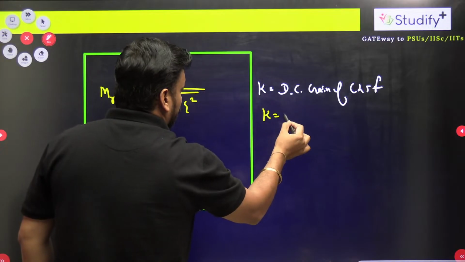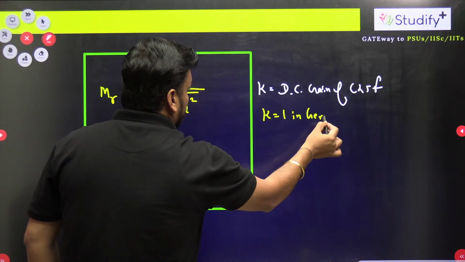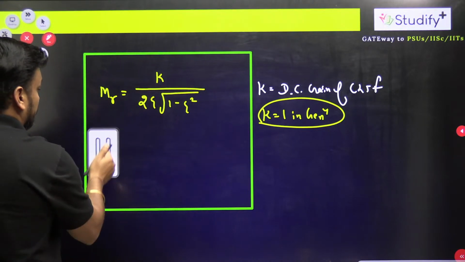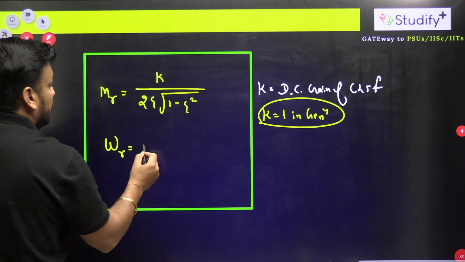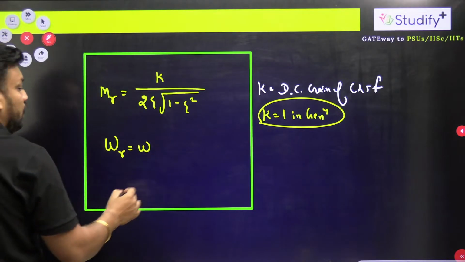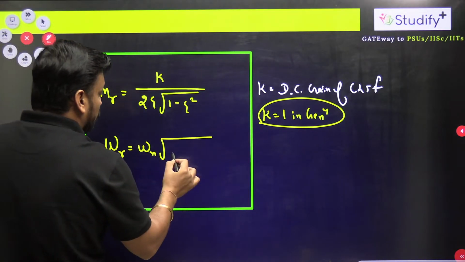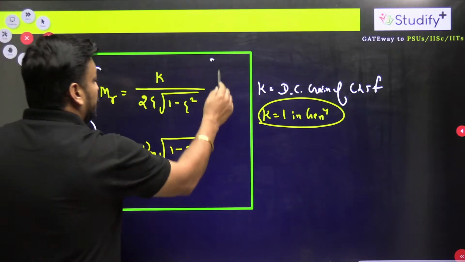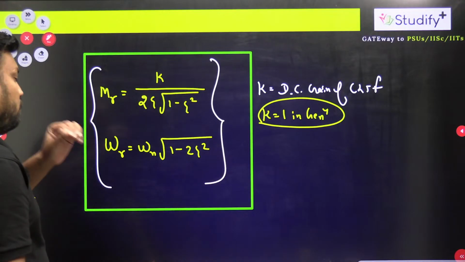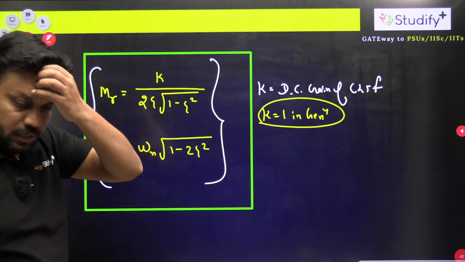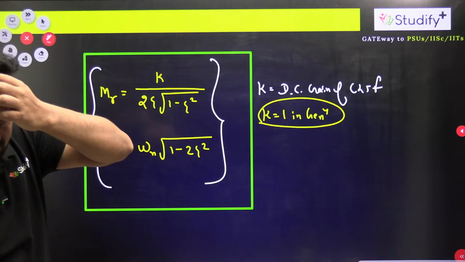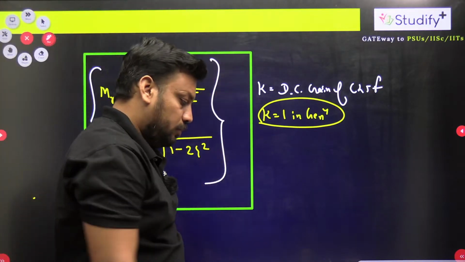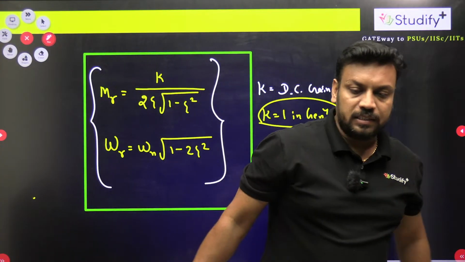Similarly, the resonant frequency omega r is nothing but omega n root of 1 minus twice zeta square. Omega r equals omega n root of 1 minus 2 zeta square. Is this crystal clear, dear children? Yes or no?